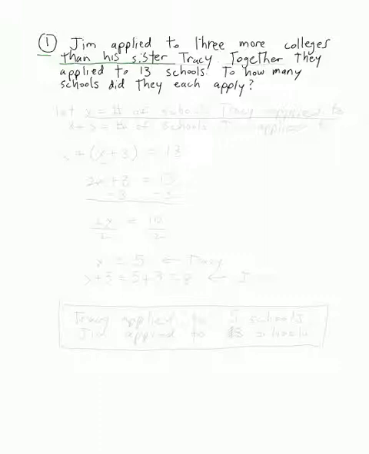So that means that his sister Tracy, that's the second mentioned unknown. So I'm going to say let x equal the number of schools Tracy applied to. Okay, number of schools Tracy applied to.